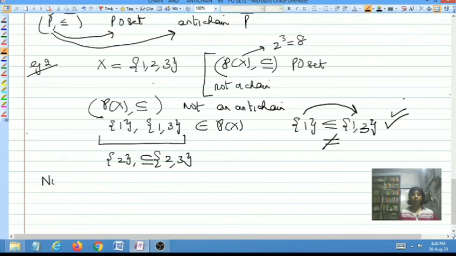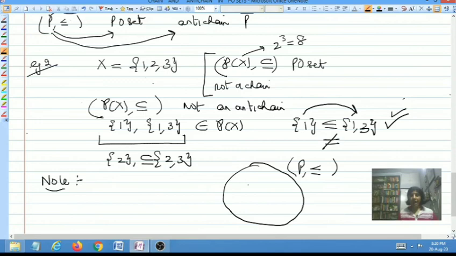Now an important note in this regard, the same way as I had done with a chain. If (P, ≤) is a POset, and if Q is a subset of P, then as already said, (Q, ≤) will be a POset with respect to the induced order.